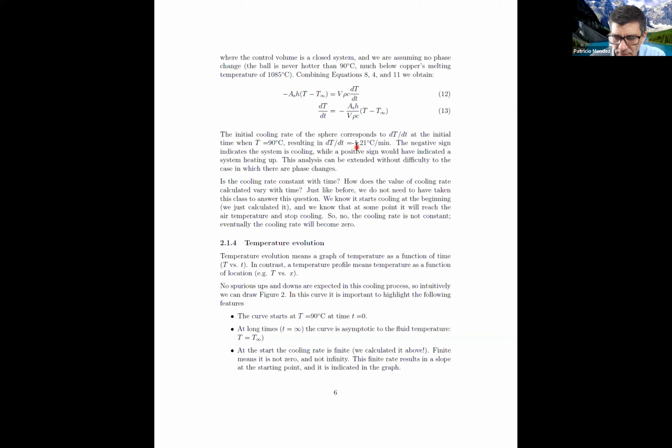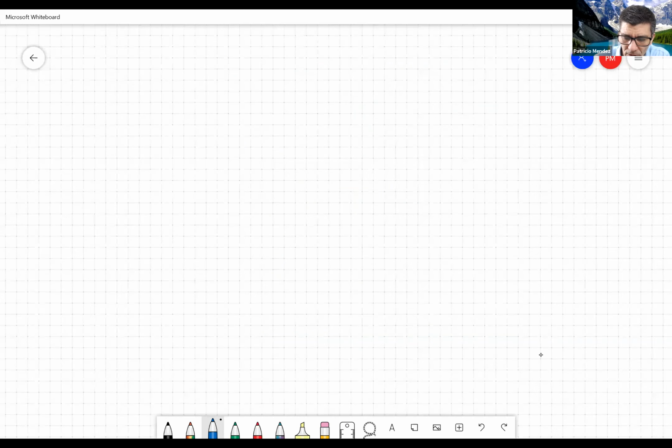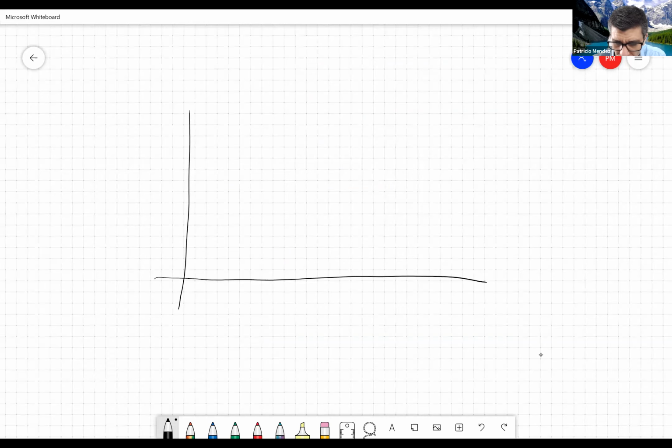Let's see if we can make this exponential decay here. Okay, so we would have, if this is time and this is temperature, at time 0, I know that this is 90 degrees C for the sphere.